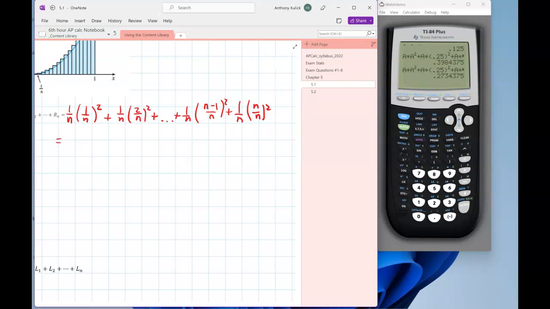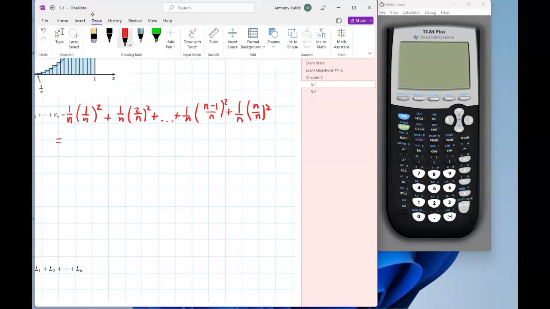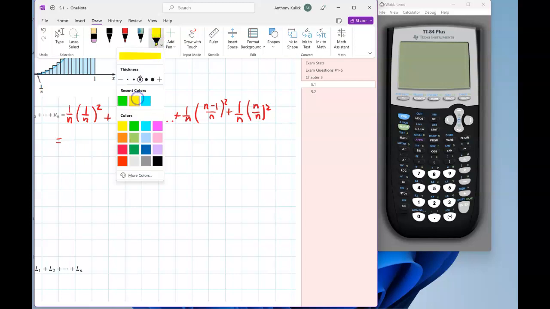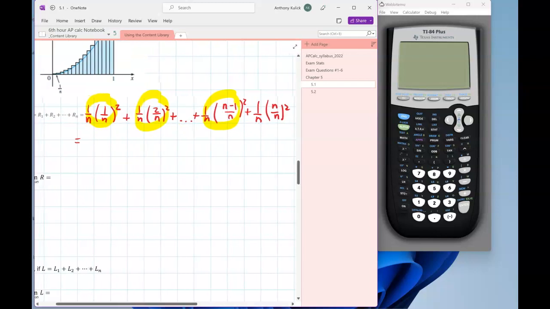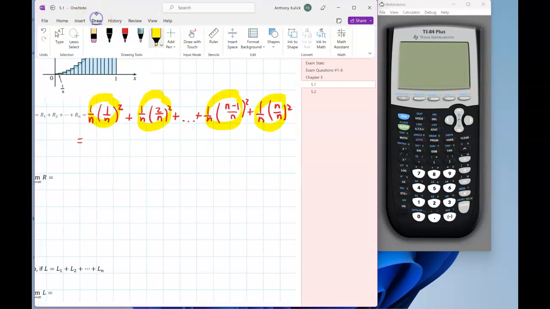So what do you notice about each term in this sum? Do you have a greatest common factor for each term? What is it? When I say term, do you know what I mean? Each one of these things that we're adding up. Is there something in common that I can factor out?